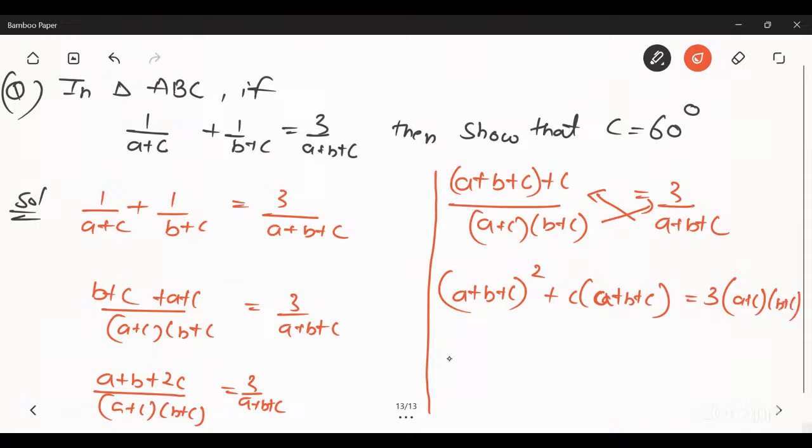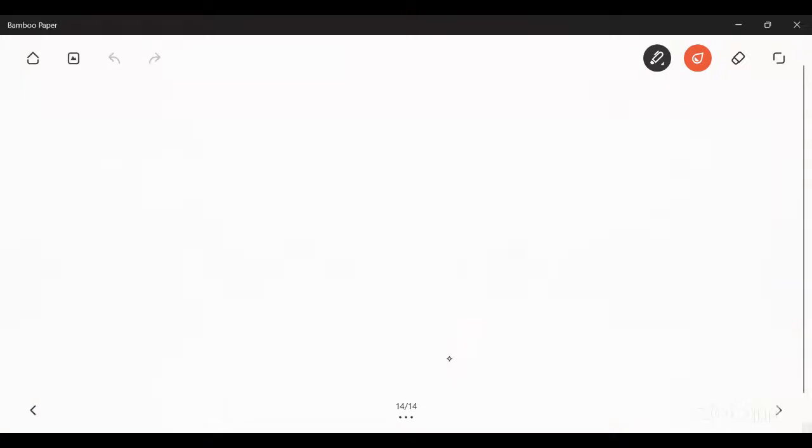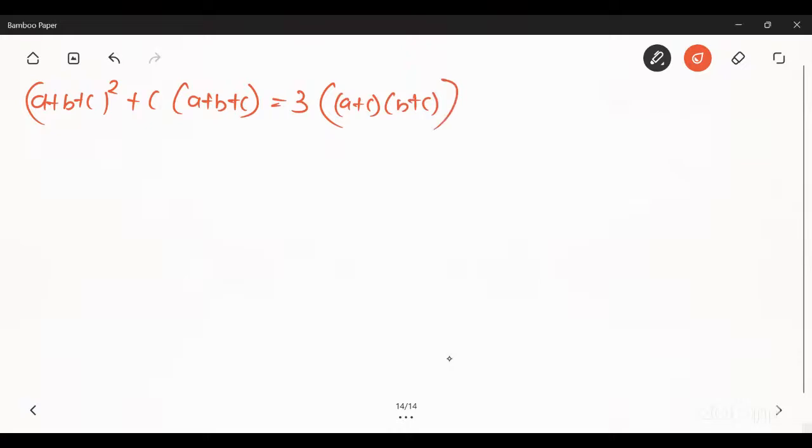Now I'm repeating this line in the next page. So what we have got? We have got a plus b plus c whole square plus c times a plus b plus c is equal to 3 times a plus c and b plus c. So a plus b plus c whole square is a square plus b square plus c square plus 2ab plus 2bc plus 2ca. Now multiply c inside, so ca plus cb plus c square.